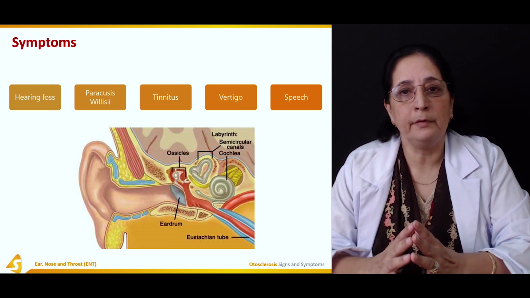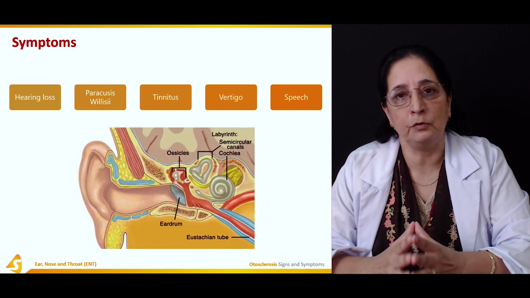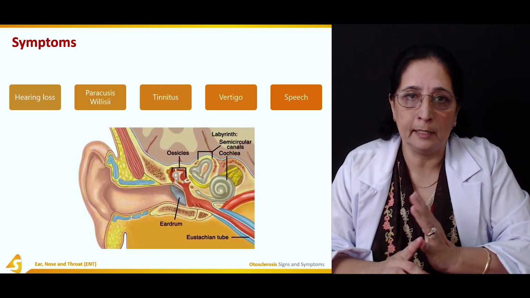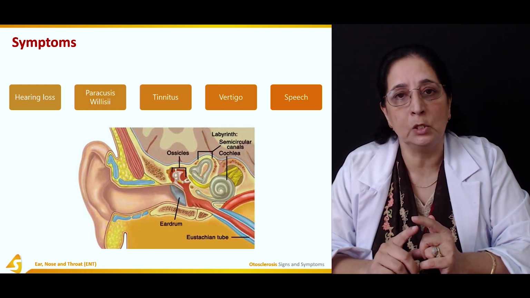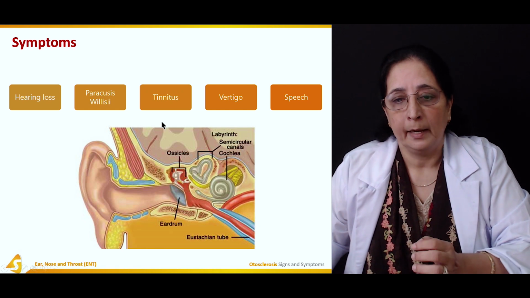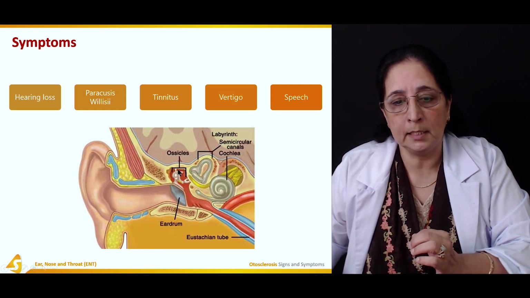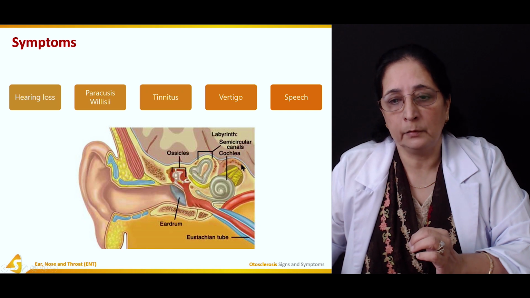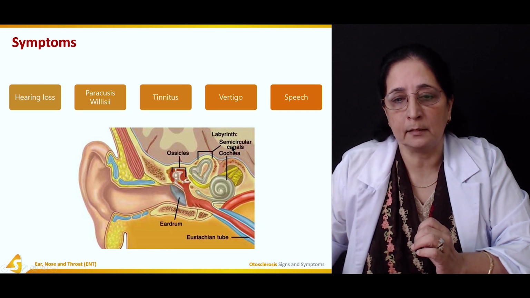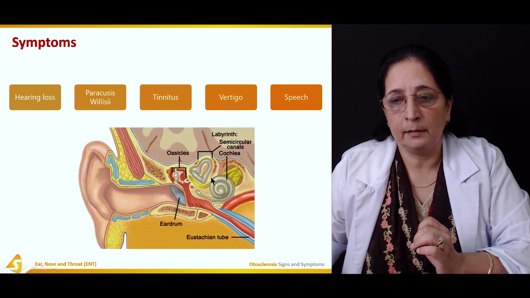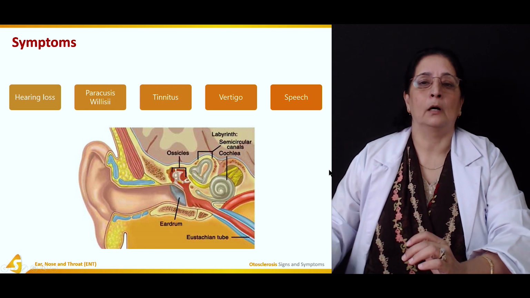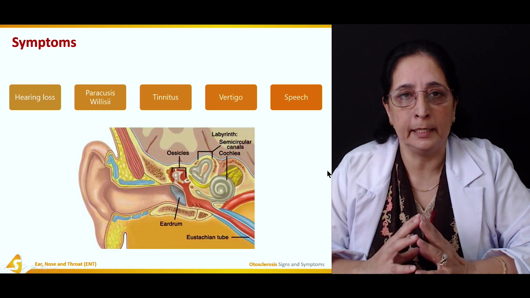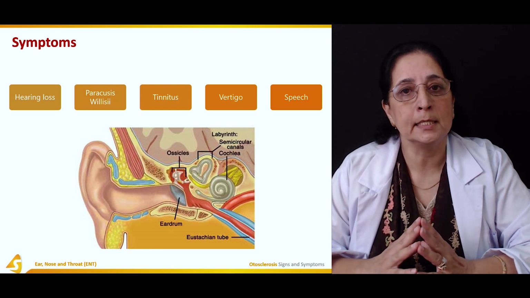So these are very common symptoms in the patient with otosclerosis: hearing loss, paracusis willisii, tinnitus, vertigo, and speech problems. Here you can see the labyrinth, semicircular canals, the cochlea, eustachian tube, eardrum, and otosclerosis of the ear can cause all these symptoms.